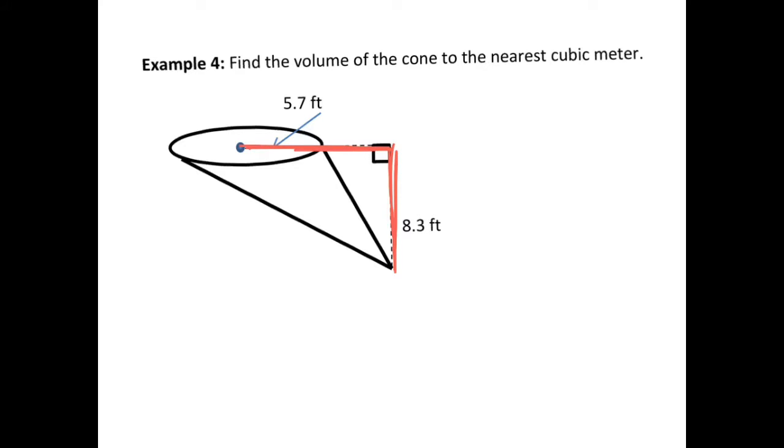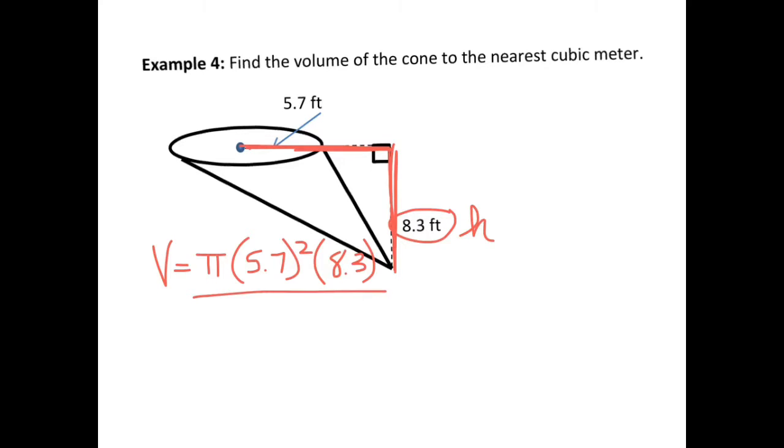So the height is 8.3 feet, the radius is 5.7 feet. So the volume is pi times the radius, 5.7, squared, times the height, 8.3, all over 3.